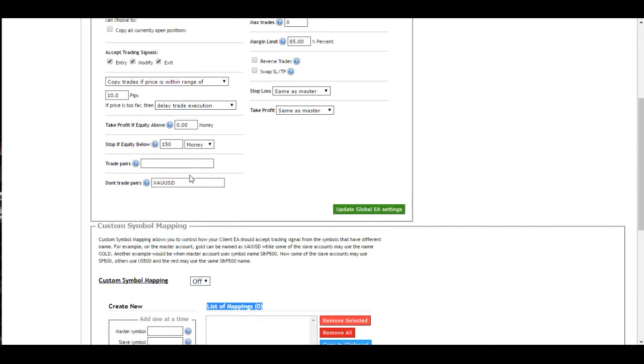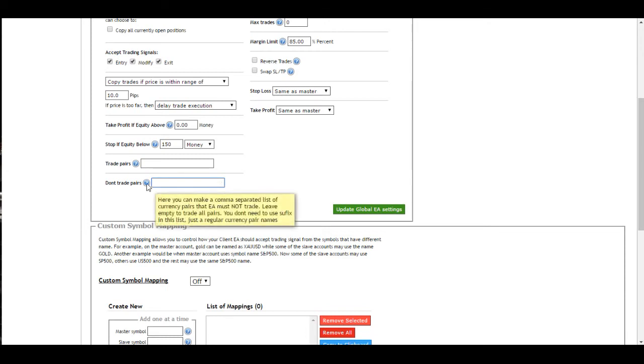But you don't want to trade XAUUSD, you don't want to trade WTI crude. You don't want to trade commodities pretty much, because most of them require a 0.1 lot size, and we might trade those with standard lots.